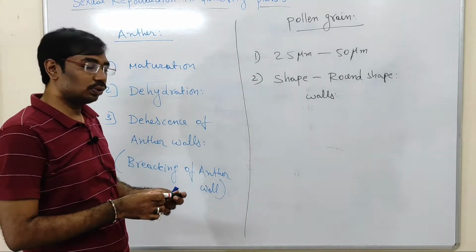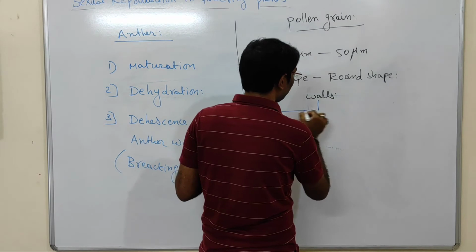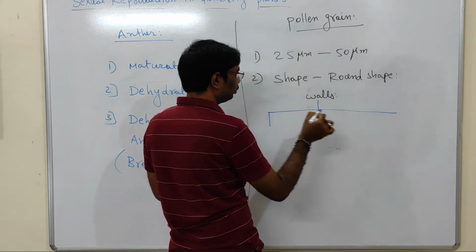What are those walls? The outer wall is called exine. The walls of the pollen grain together are called sporoderm.